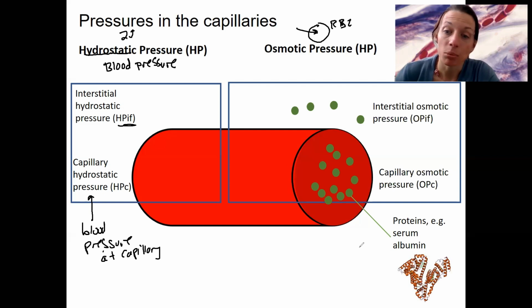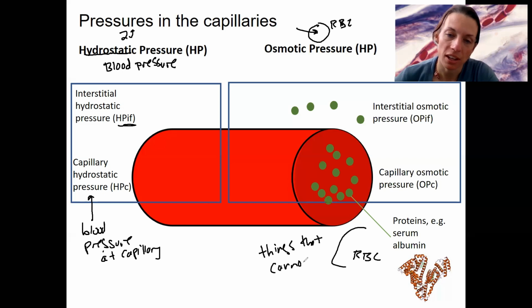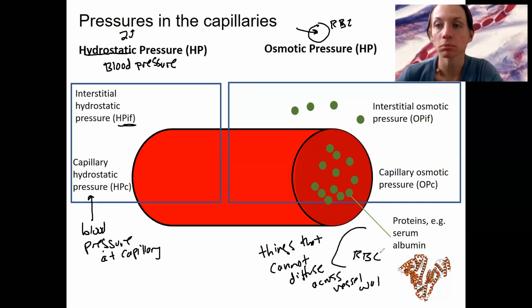So proteins, red blood cells also actually. These are things that cannot pass across the capillary walls, that cannot diffuse in a continuous capillary. Can it diffuse or move across the vessel wall, which is the capillary here.